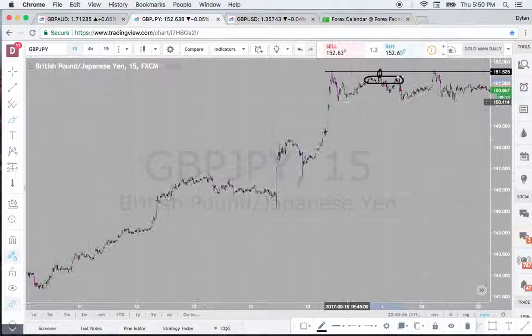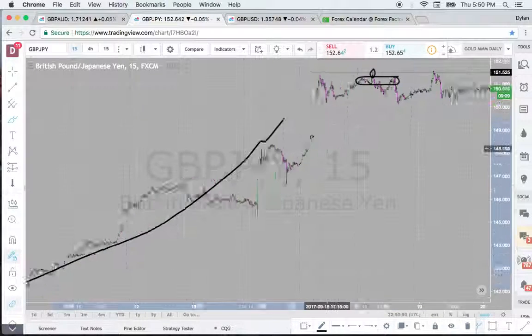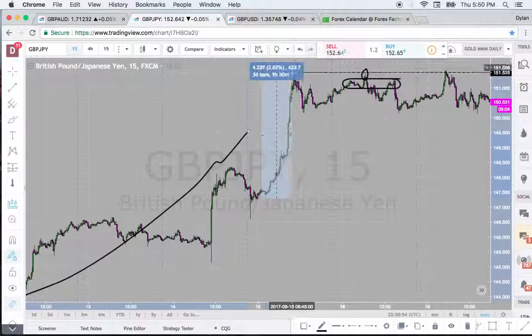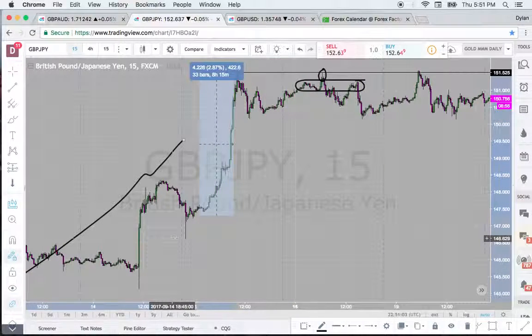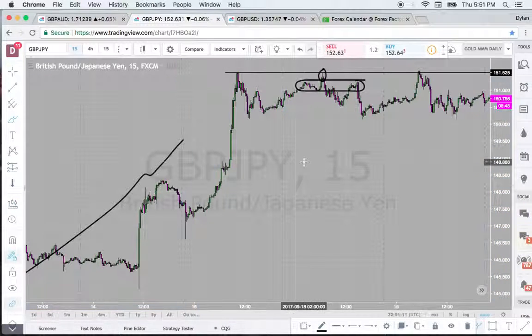Why? Because there's this massive uptrend, and in one day, it shot up 430 pips, just about, in one day. In that one day, there was almost a 500 pip range on that one pair, GBP JPY.